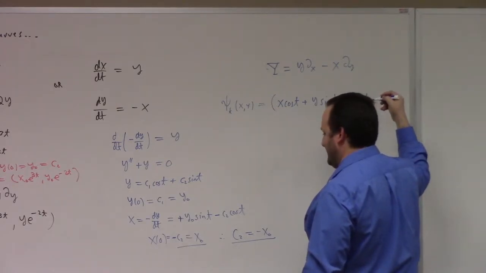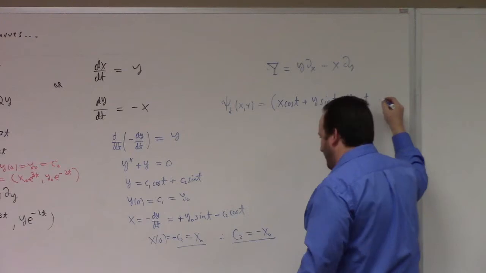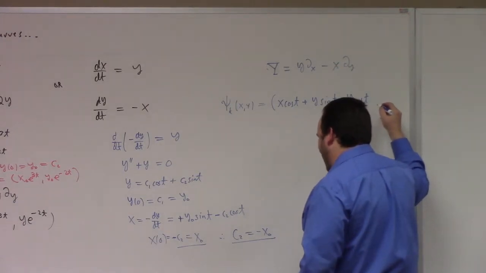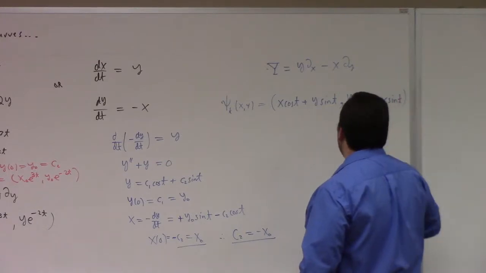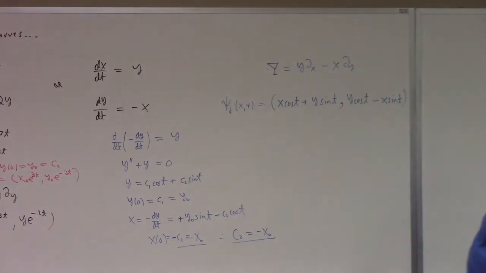Let's see here. C2, say minus x sine t. You just plug in values for t to get different time flows. Flow 1 and 2.